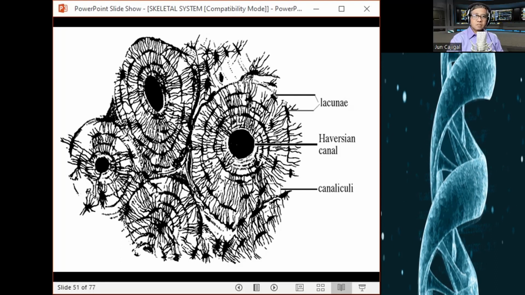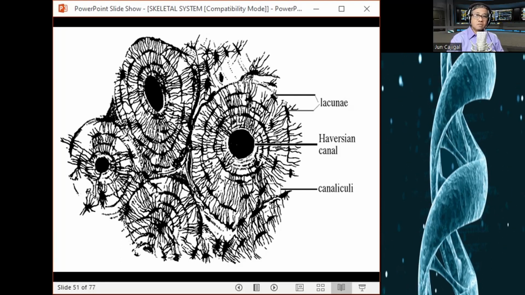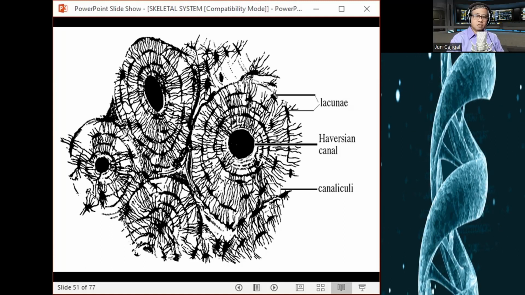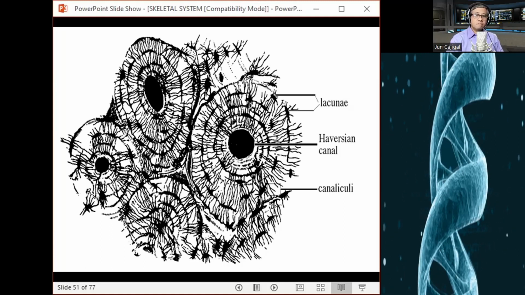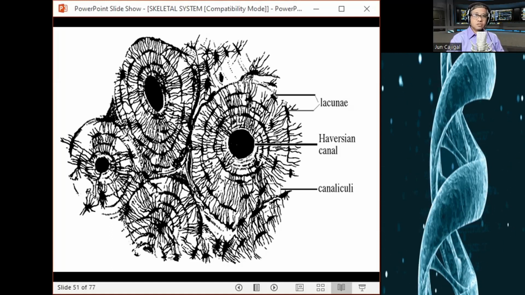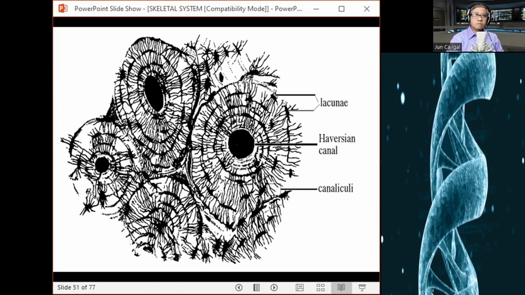Surrounding the central canal are the osteocytes, arranged in concentric rings. The osteocytes are embedded in the lacunae, and surrounding the osteocytes are tiny dark lines called the canaliculi.